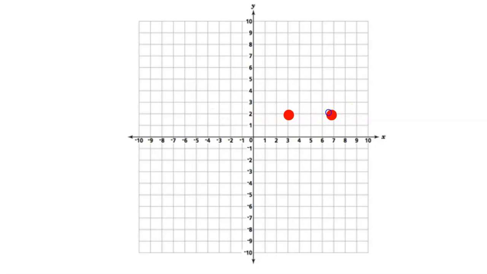Notice when I slide them, I always stay on the same horizontal line, no matter which way I go. A shift to the left or right only moves along the x-axis. So (3, 2), (4, 2), (5, 2), (6, 2), (7, 2), (8, 2). I'm talking about the coordinates.